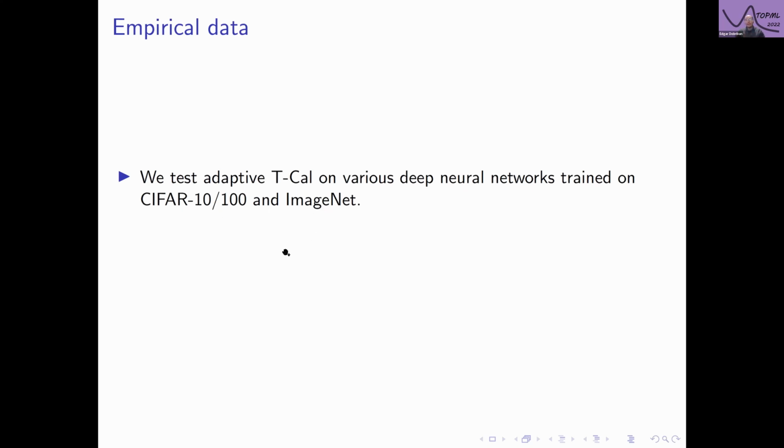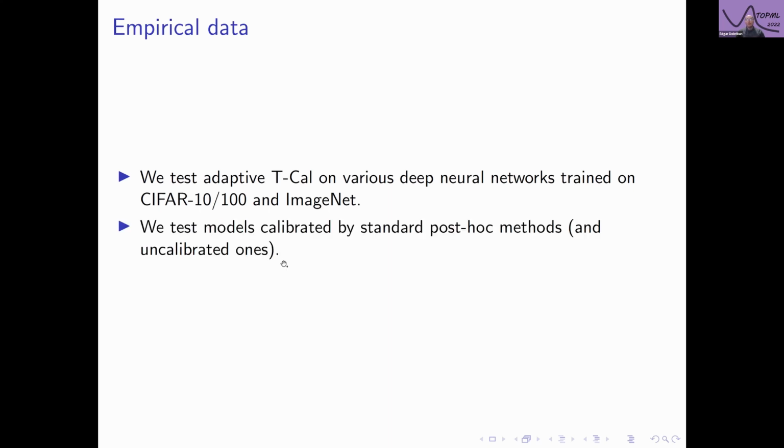We just look at standard data sets and standard models, CIFAR 10, 100, ImageNet, and there's a lot of work on post hoc calibration, which is: first I train the neural net, and then I use a separate calibration data set to recalibrate it. But the evaluation in this line of work is not always very rigorous.